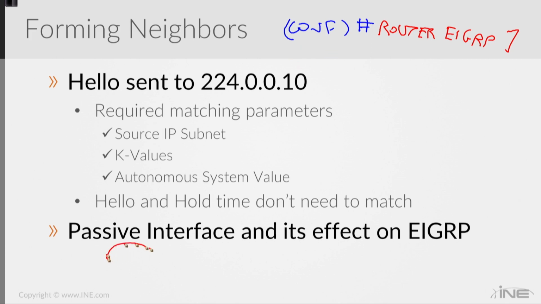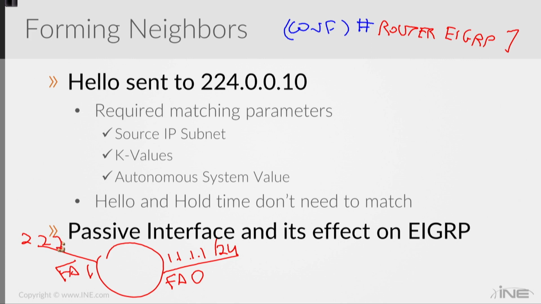So let's say here's my router down here. And this is FastEthernet 0. This is FastEthernet 1. And this has 1.1.1.1/24. That's my IP address. And this is 2.2.2.2/24. Okay, well, I want EIGRP to be activated on these two interfaces, and I want to advertise to neighbors those directly connected networks.